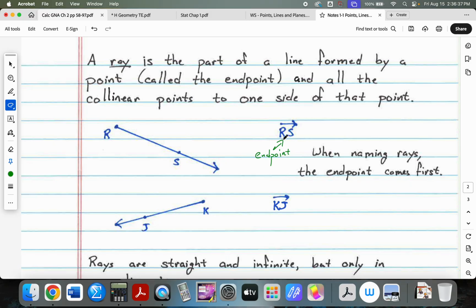This says start at R, go through S, and then keep going that direction forever. That's why there's an arrow on the end of it. Same thing here. We're talking about this ray. Even though this ray goes to the left, our symbol always goes to the right.